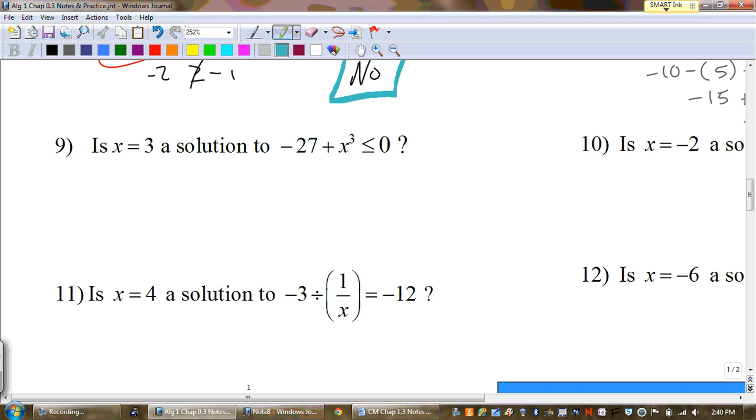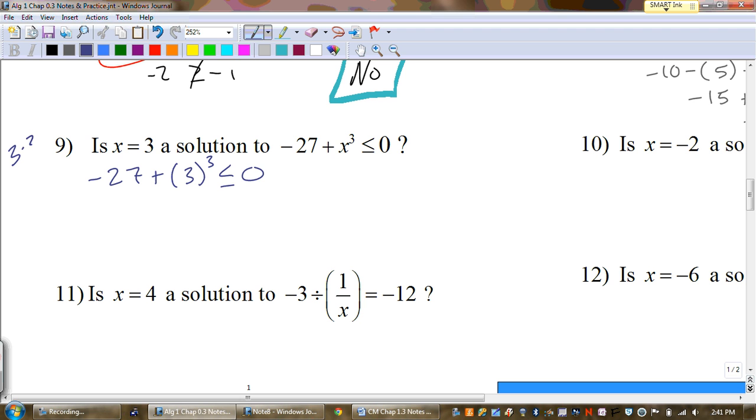Okay, number 9. Is x equals 3 a solution to negative 27 plus x to the third is less than or equal to 0? Okay, so we start with negative 27 plus, we're plugging in a 3 to the third less than or equal to 0.